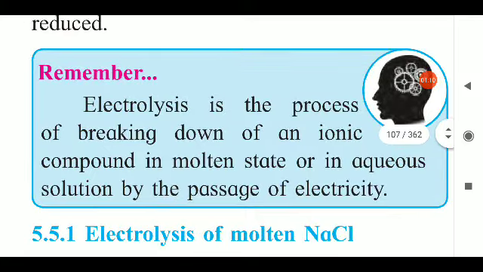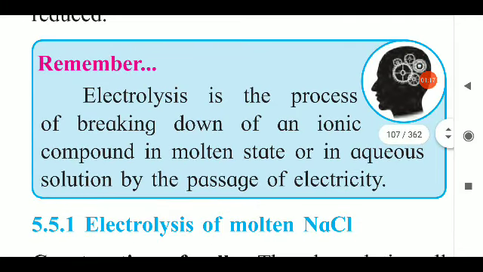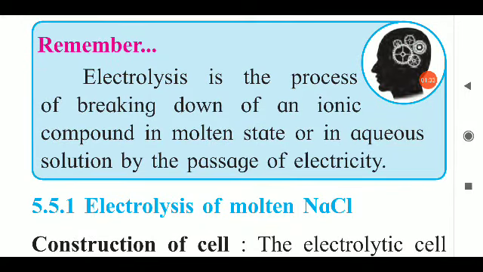So in such a case we have to dissolve that solid NaCl into its corresponding solution, and after that ions formation gets started. Means we will get Na plus and Cl minus ions. Now this is the process that we are calling electrolysis, which is nothing but the breaking down of an ionic compound in molten state or in aqueous solution.